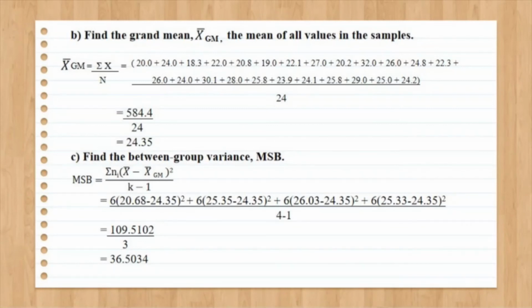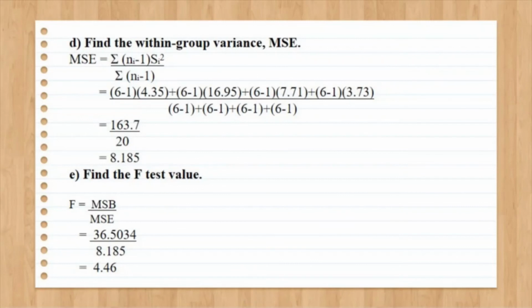We will get 109.5102 divided by 3. And then we'll get the answer 36.5034.